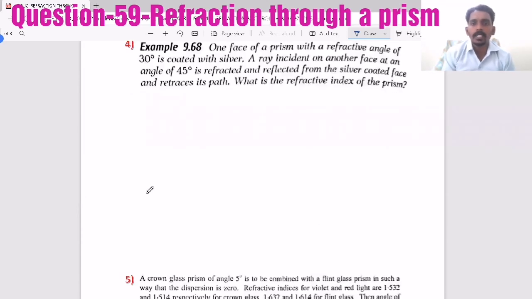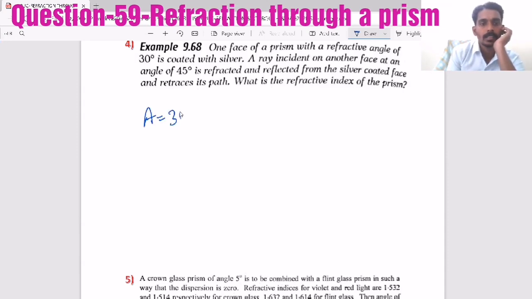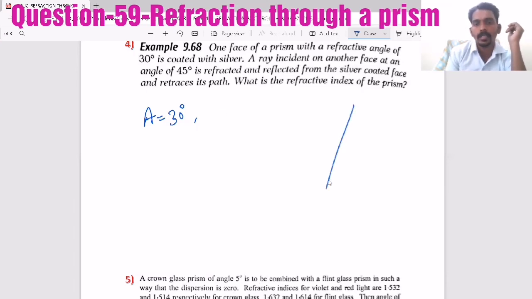Now, one face of a prism with a refracting angle of 30 degrees is coated with silver. So the refracting angle is 30. A ray incident on another face at an angle of 45 degrees is refracted and reflected from the silver coated face and retraces its path.